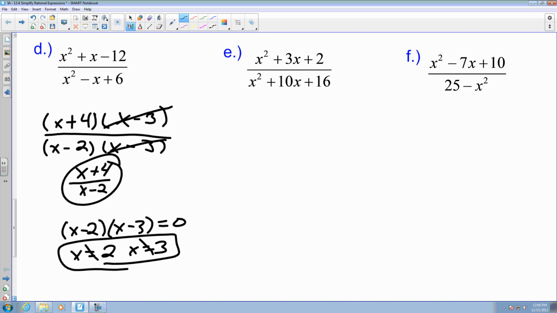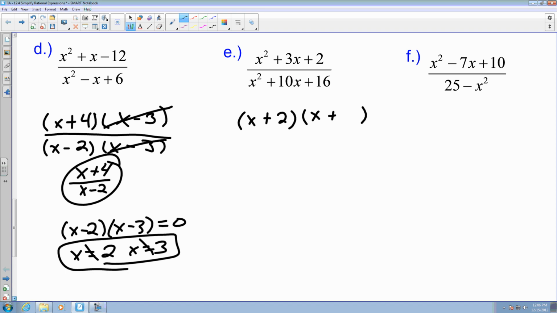Okay, let's look at E. So if I were to FOIL this out, let's see what I got. For the numerator, I got x. The plus means they're going to be the same, plus and plus.